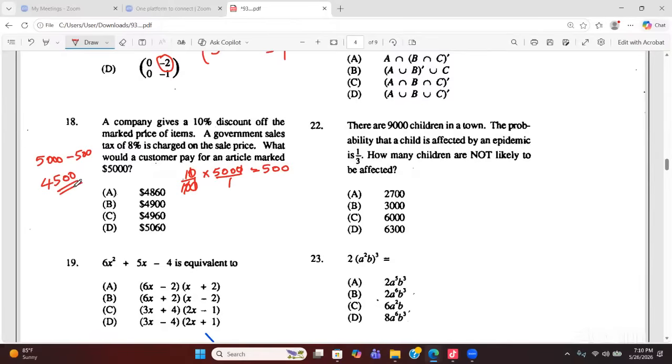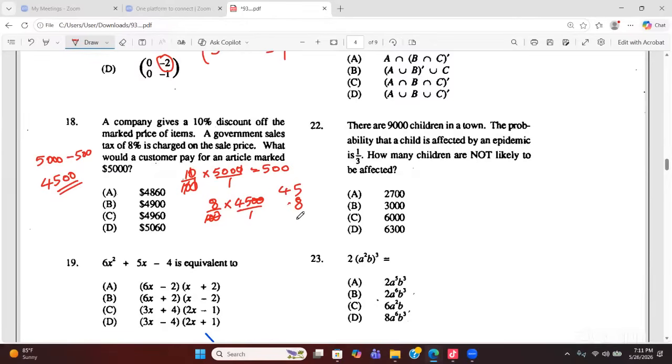But right now, the government is saying, hey, we definitely want from you 8%. So now you're going to find 8% of your 4,500 and add it back to it. These two zeros here cancel. So what you're really working is 45 times 8.